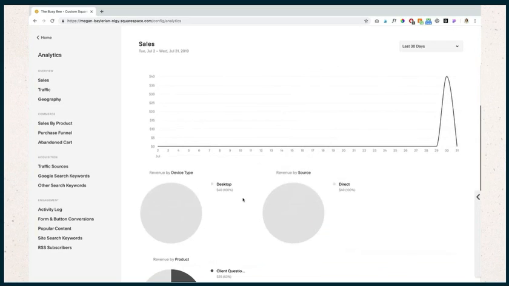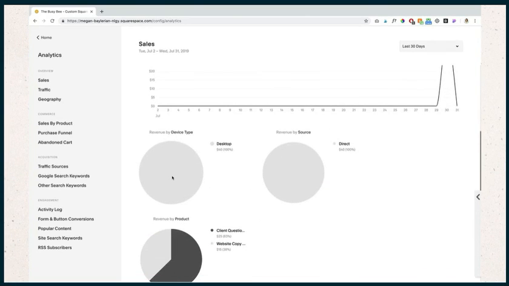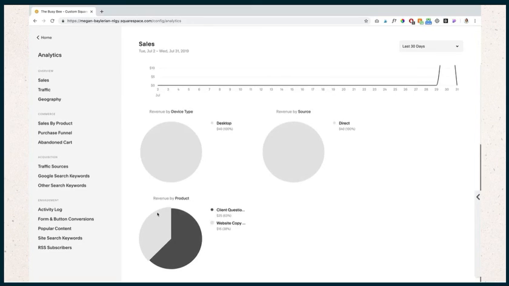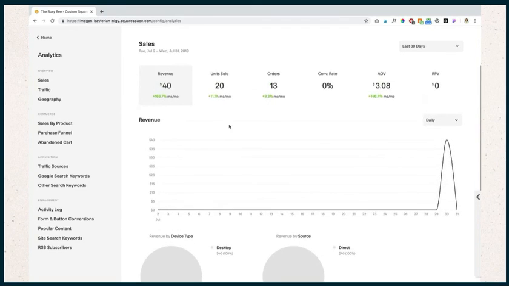If you scroll down, you can see revenue by device type, by source, by product, and you can also see, in the last 30 days, I've sold 20 units, but I've only made $40. That's because a majority of those units are free. How many orders you had, and then any of your averages.